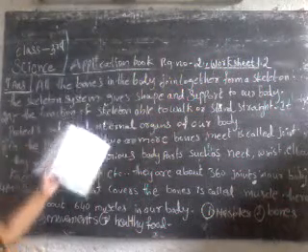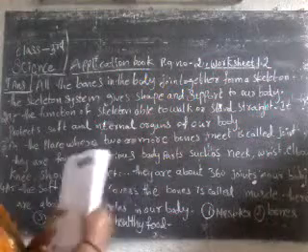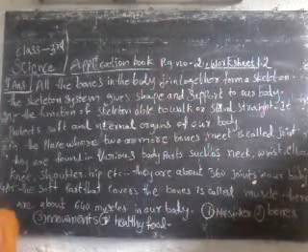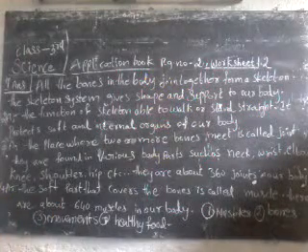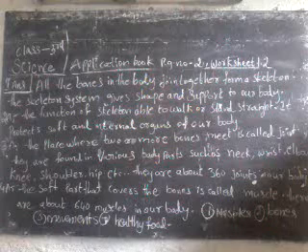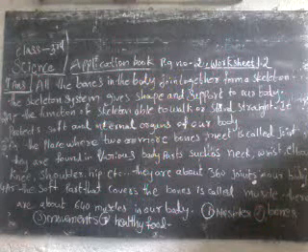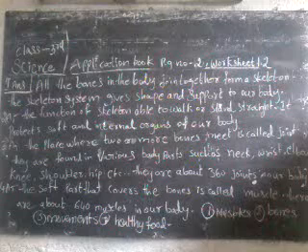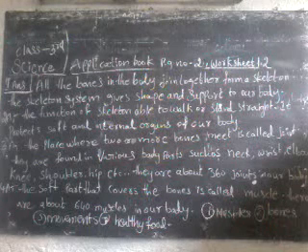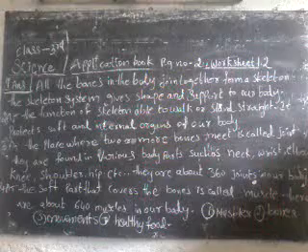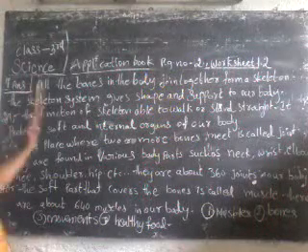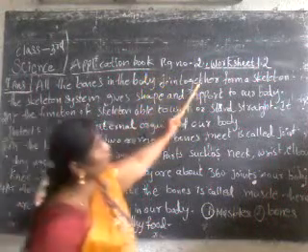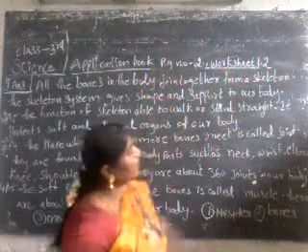book. We have to know the questions in this. First question, what is a human skeleton? What is the human skeleton? All the bones in the body join together to form a skeleton.